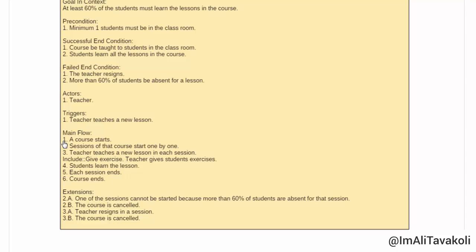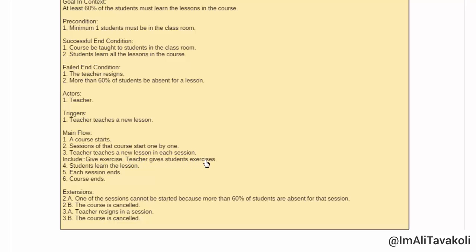The first step is a course starts, then sessions of that course start one by one, then the teacher teaches a new lesson in each session, and then we will include the give exercise use case, which is our secondary use case. Teacher gives students exercises.